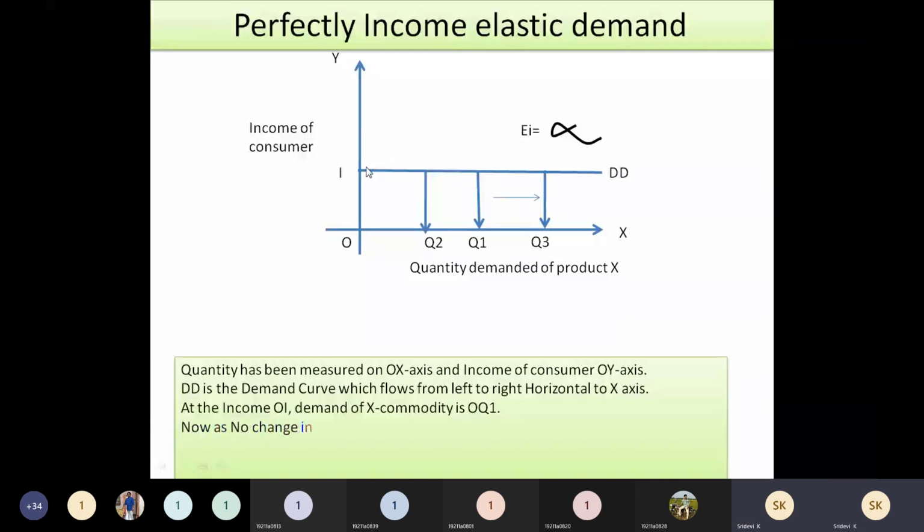If you represent it to the left side towards Q2, it indicates a decrease in sales. Even if there is no income change, the quantity will be reducing. So this is called what? Perfectly income elastic demand, represented by infinity.